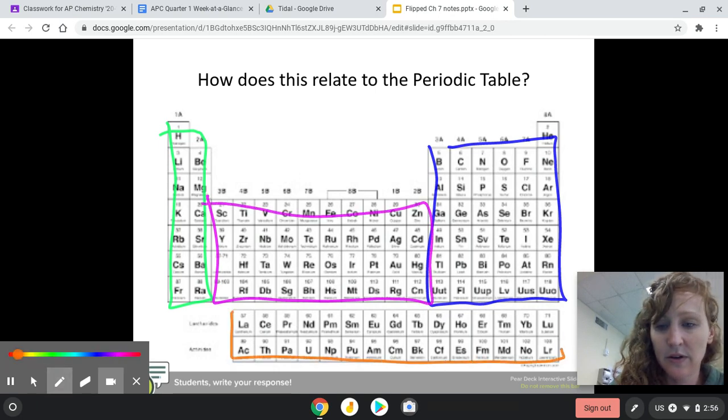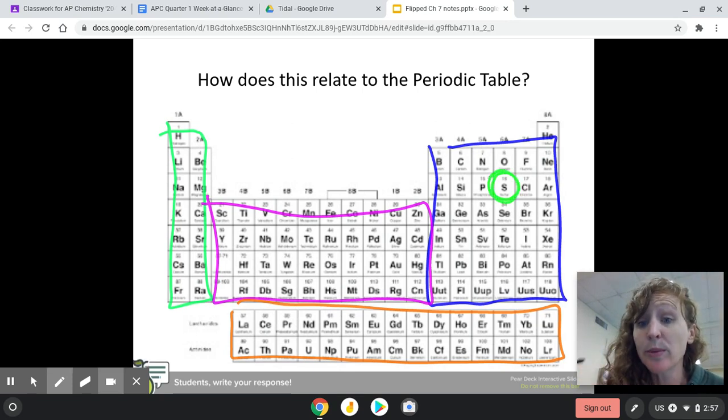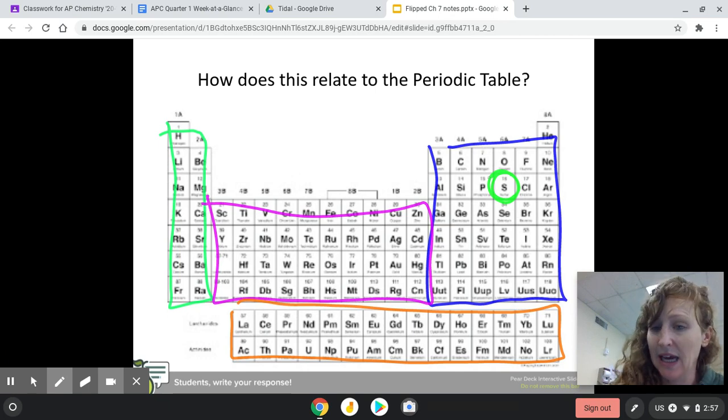F. Okay, so if I want to know, let's do, I don't know, sulfur. Let's go back to sulfur over here. If I want to know what that orbital diagram for sulfur looks like, all I have to do is count over. So I go, here's 1, 2 electrons. They're in the first row.